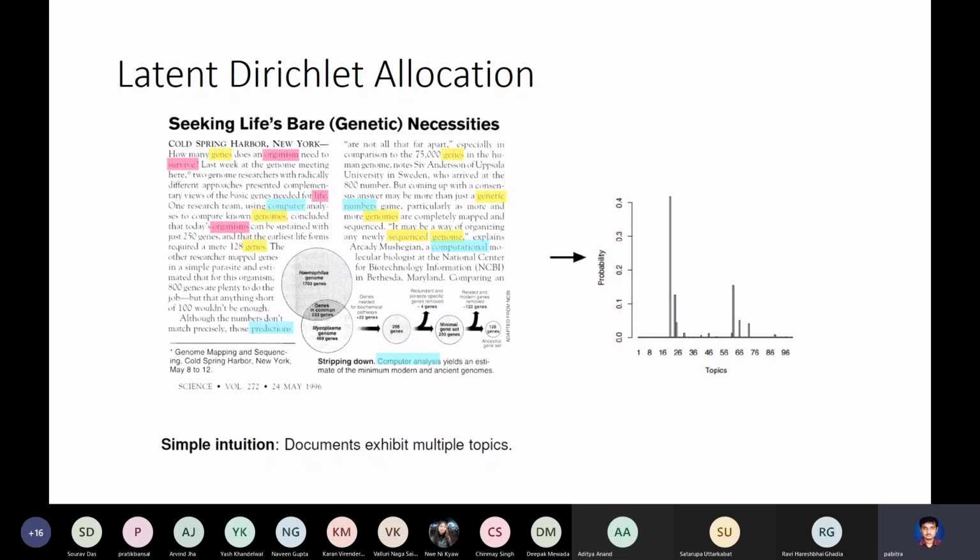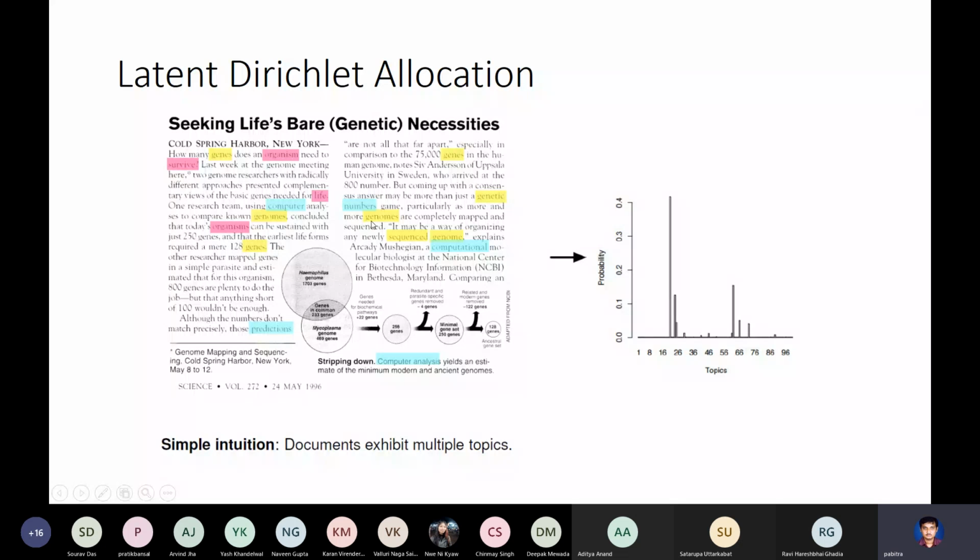Okay, so this is a document. This is a document in, I think, Nature, in Science itself, which tells about how many genes, what is the minimum size of the DNA required for a species to survive in evolution.